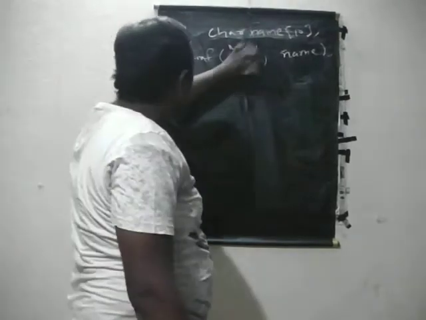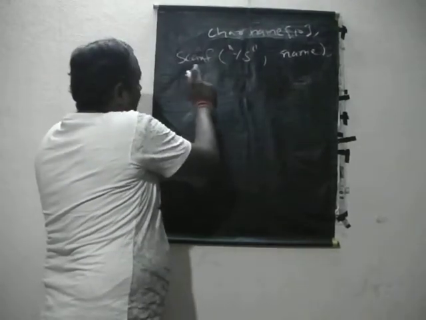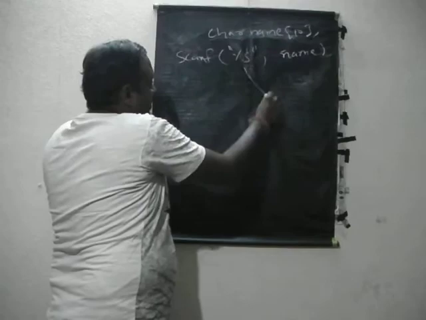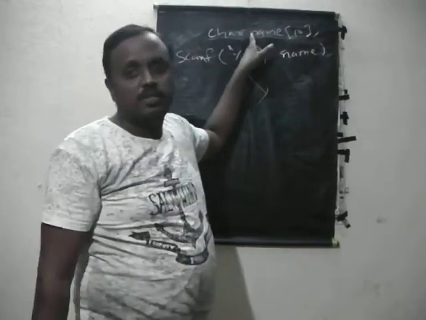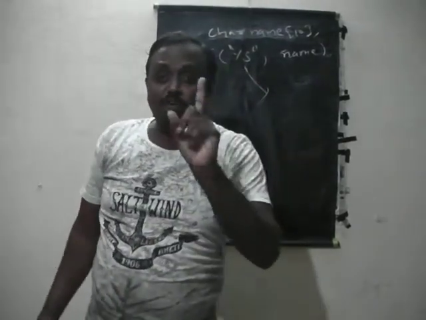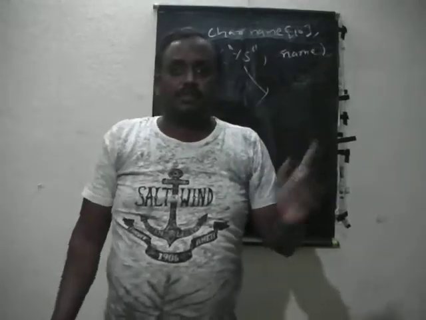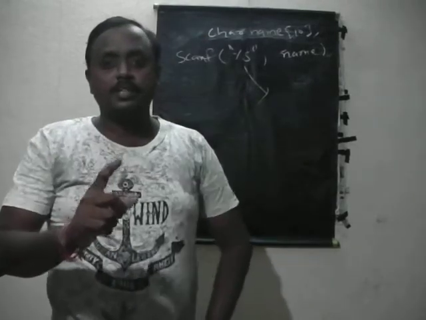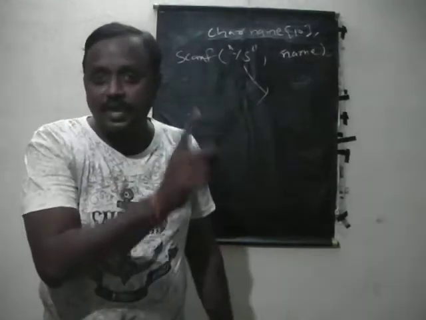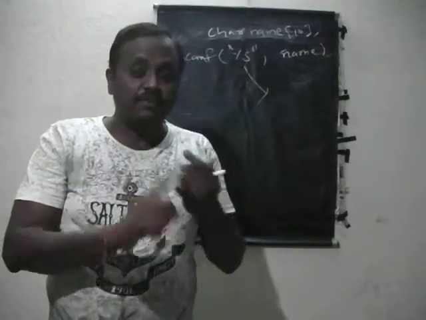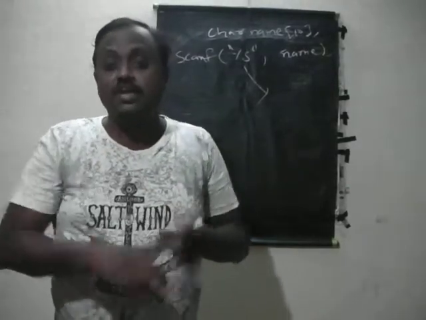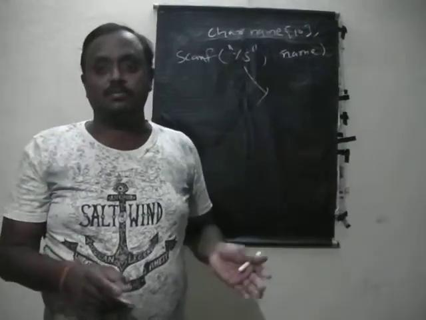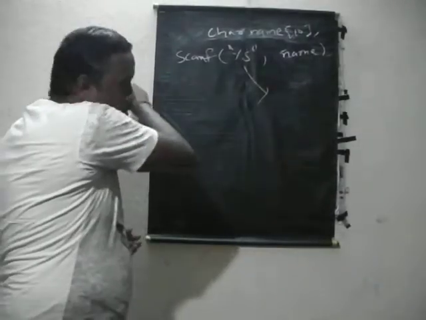Listen everyone, I am telling you. Scanf percentage s is the format specifier taken for a string. Percentage c is taken only for reading one character. Percentage s is for the number of characters in your declared array.